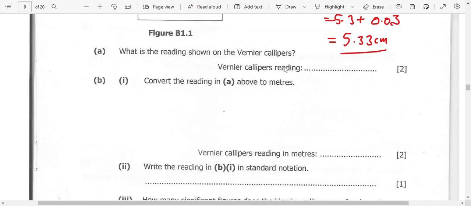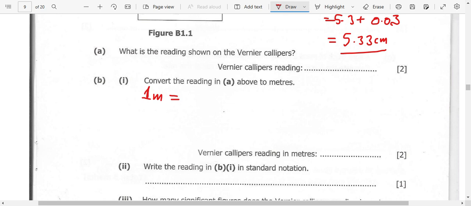Okay. The next question: convert the reading in A above to meters. So this reading that we have found, we want to convert it to meters. How many centimeters are in 1 meter? 1 meter has got how many centimeters? 100.